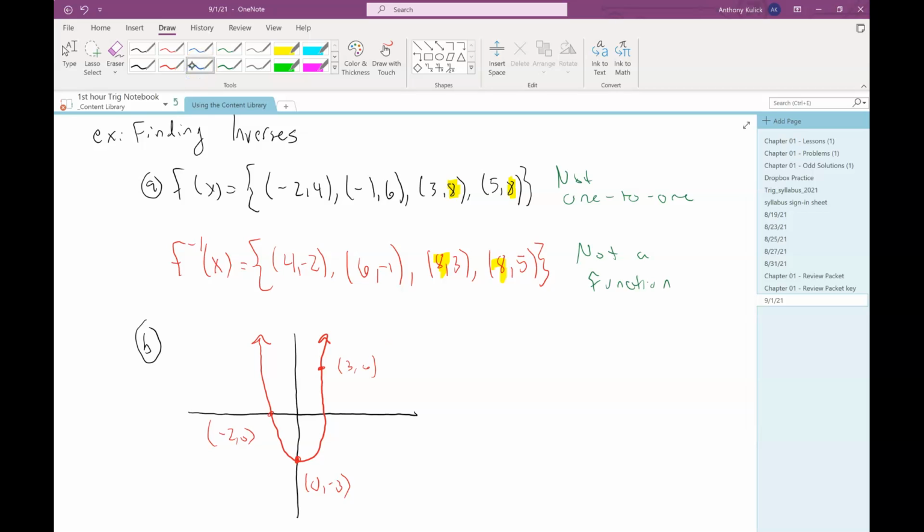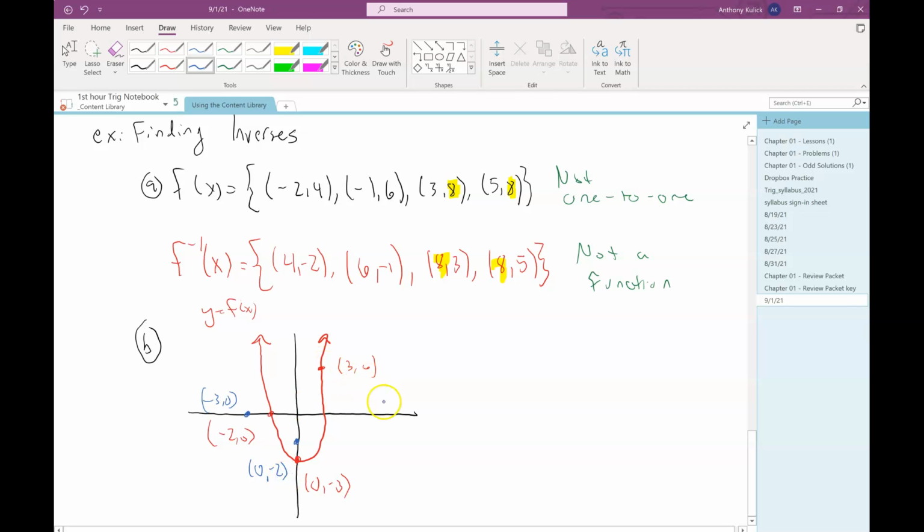Well, just like in the previous example, what I'm going to do is transpose these x and y coordinates and plot the new locations. So like 0, -3 becomes -3, 0. -2, 0 becomes 0, -2.